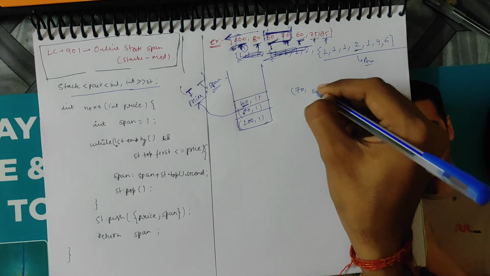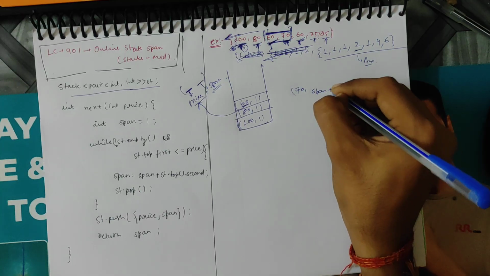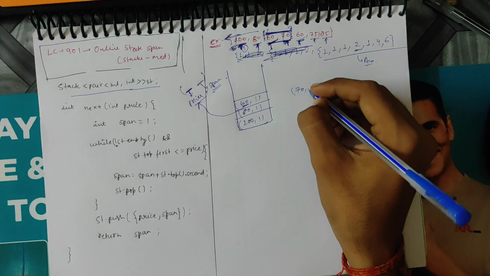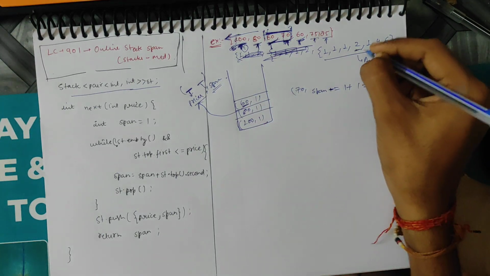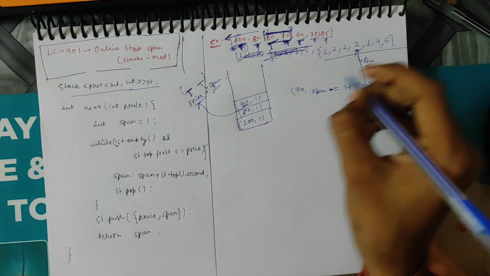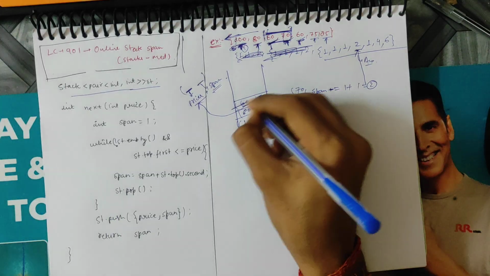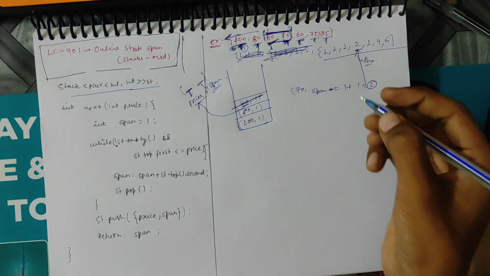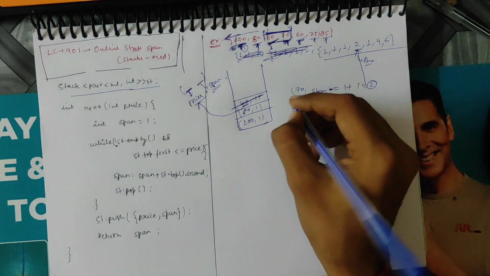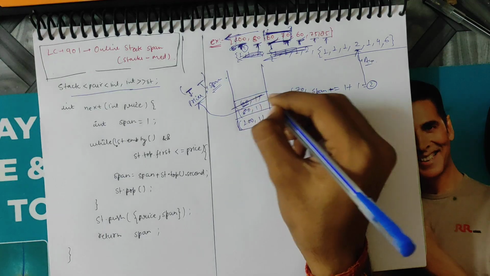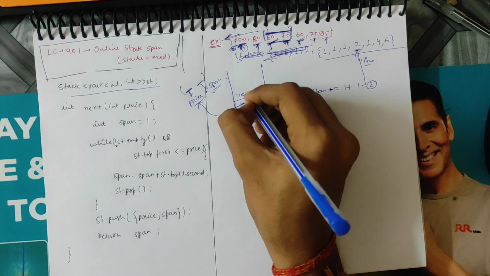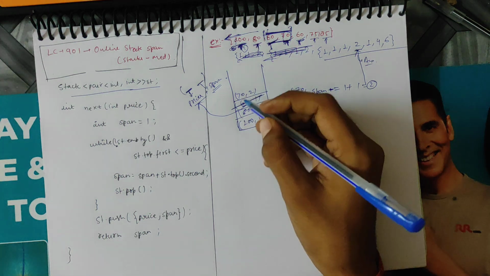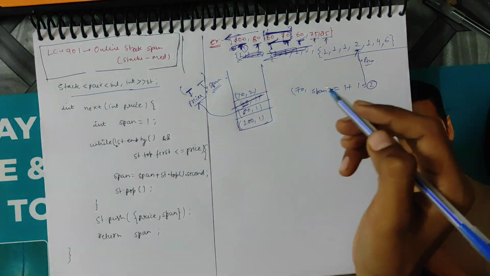So in the span we add the count of 70 and the count of 60, which is 2 here. So we pop this element out, and after popping out 60 comma 1, we store 70 comma 2. 70 is the price and 2 is the span.